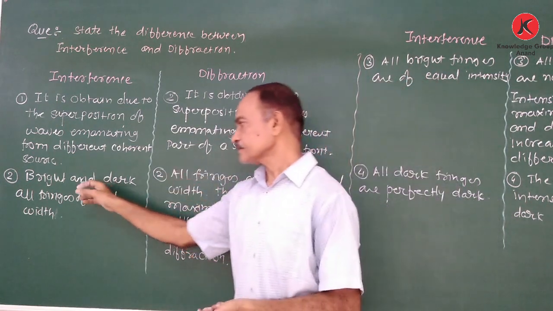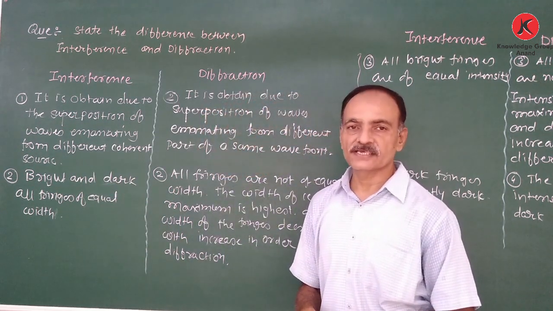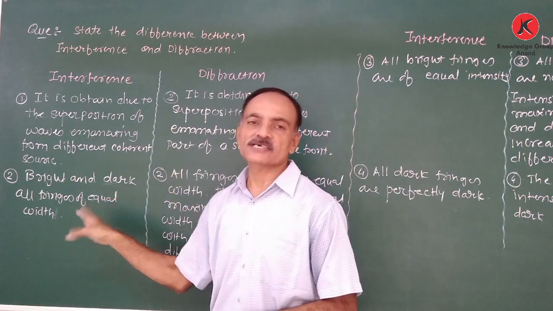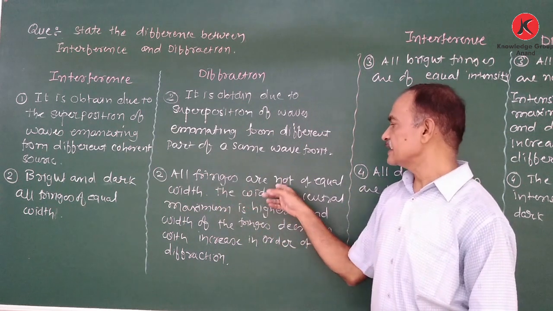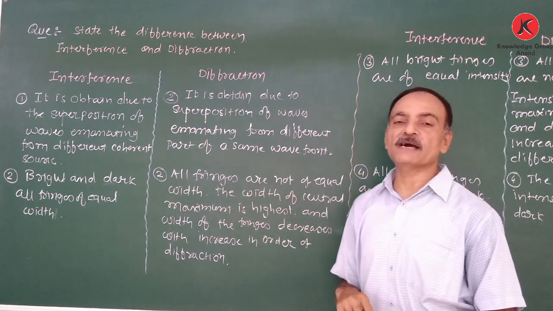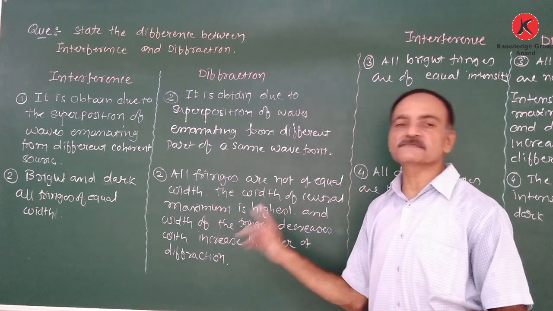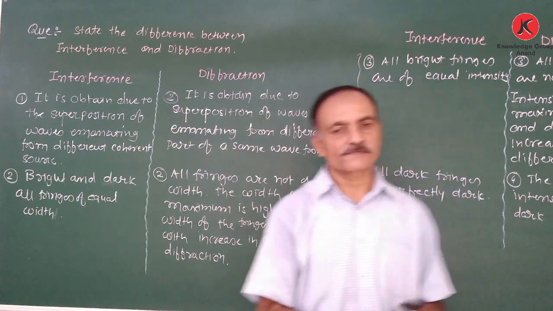Now next, bright and dark, all fringes of equal width. The width of all the fringes, either dark or bright, is the same in interference. While here, all the fringes are not of equal width. The width of the central maxima is highest and the width of fringes decreases with increase of order of diffraction.